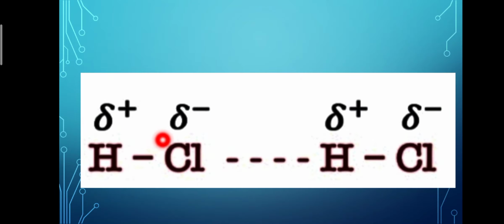The electronegativity of chlorine is greater than hydrogen, so a partial negative charge is formed on the chlorine atom and a partial positive charge is formed on the hydrogen atom. So it's a polar covalent bond formed between hydrogen and chlorine.